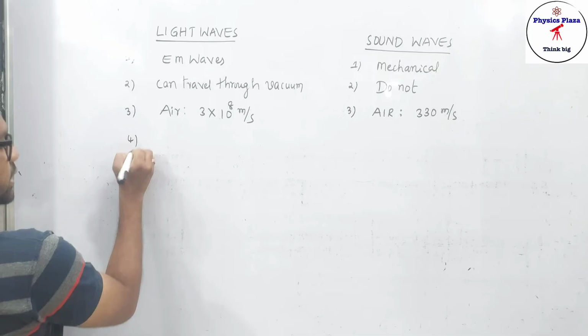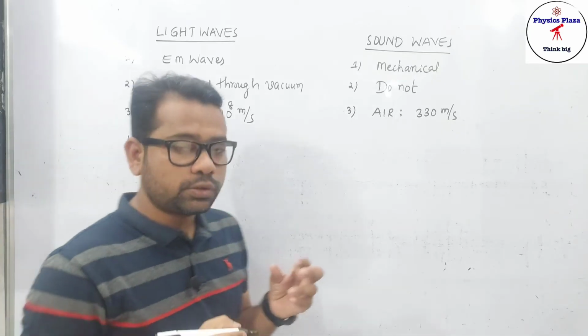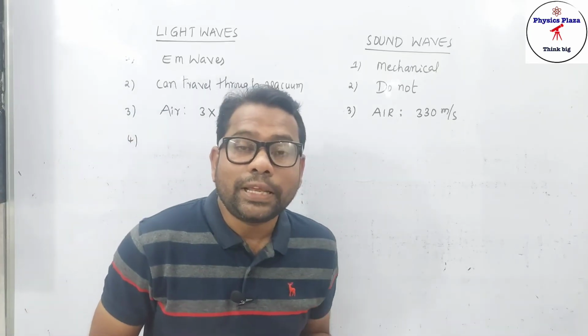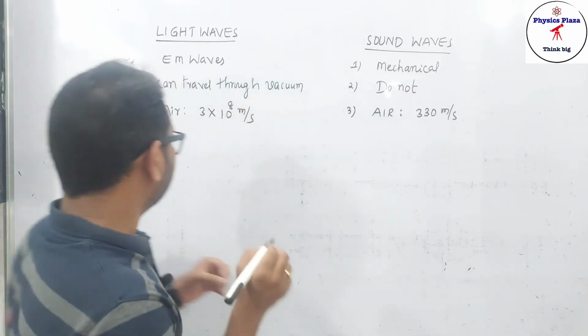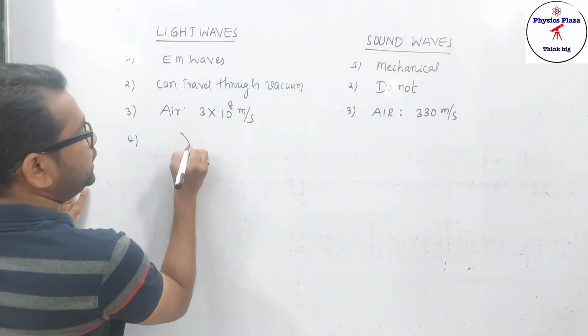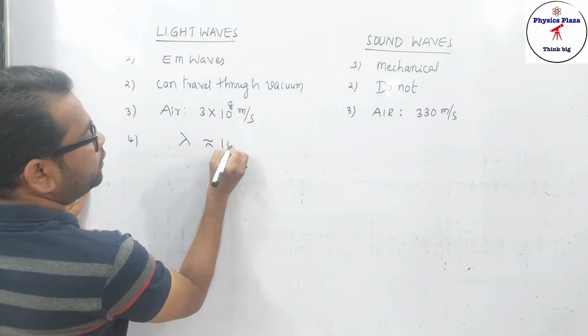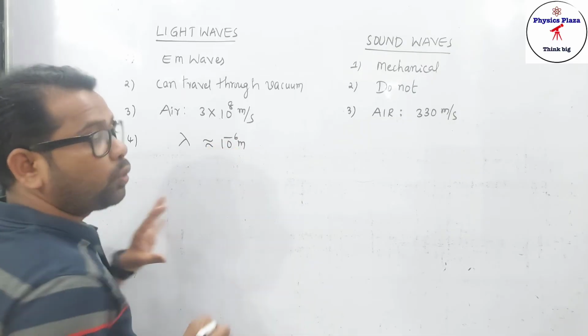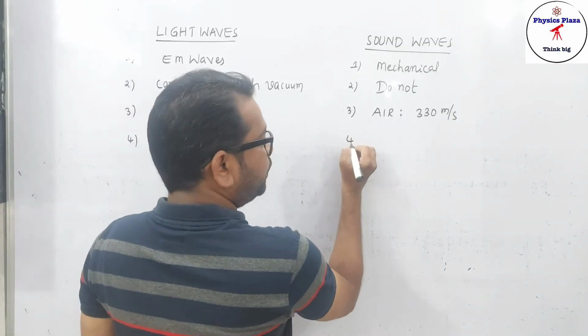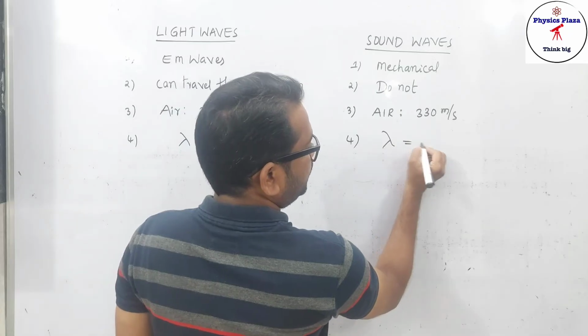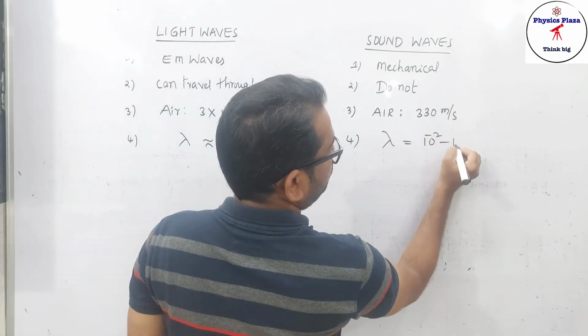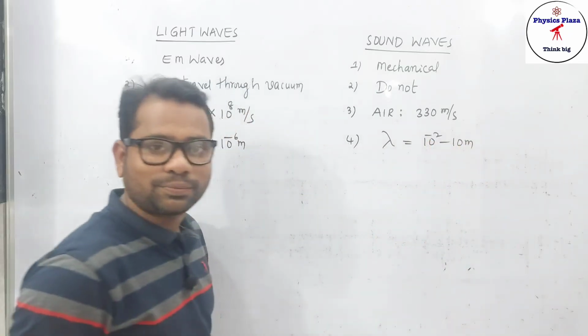Now the fourth point, very, very important. The wavelength range of visible light is in the order of 10 power minus 6 meters, whereas the wavelength of sound is in the order of 10 power minus 2 to 10 meters. Okay, fine.